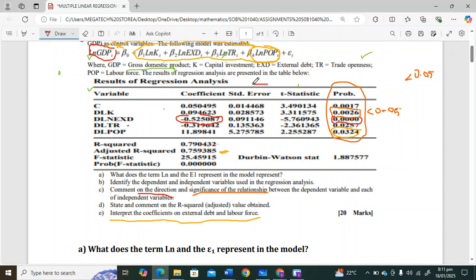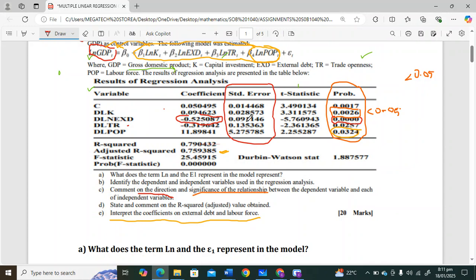And there's another additional column that helps us to see the preciseness of our coefficients, which is the standard error. The smaller the standard error, the more precise your coefficient is.